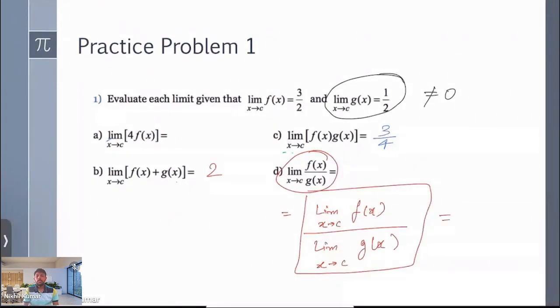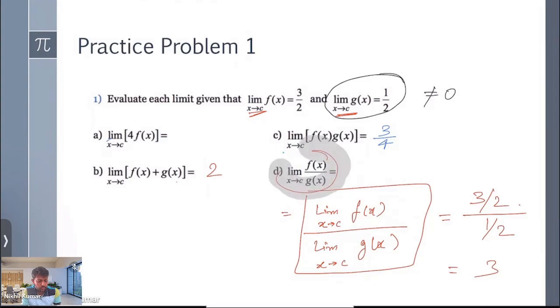All I have to do now is substitute the values. So limit of f of x as x tends to this number c is 3 by 2. And what is the limit of g of x as x tends to c? It's 1 by 2. This way it gives me the answer as 3. So we know that limit of f of x divided by g of x, this function, is equal to 3.